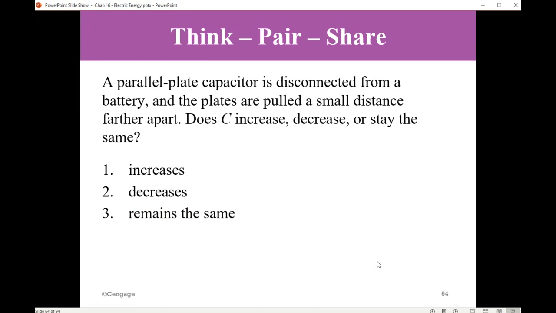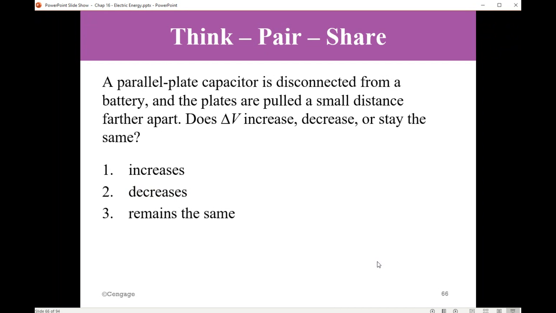Very well. Now, the plates are pulled a small distance further apart. Does C increase, decrease, or stay the same? When the distance increases as you pull the plates apart, the capacitance should decrease.